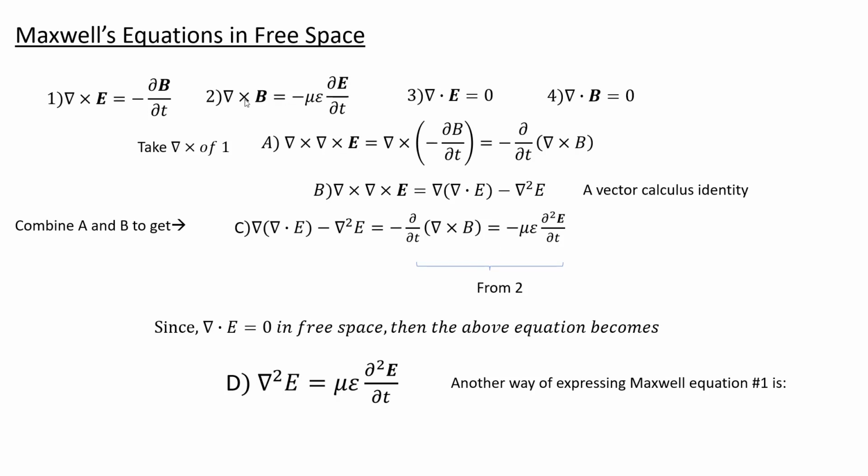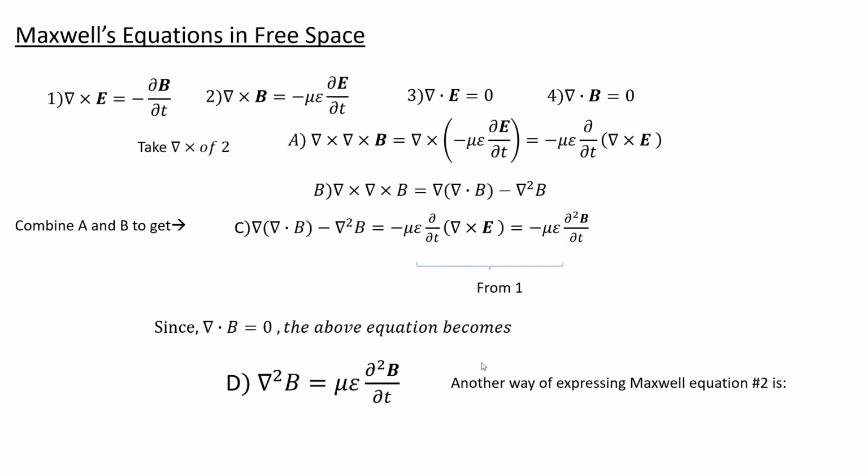So if I take the derivative of the left-hand side with respect to t, then I've got to do the same over here. So this becomes this. And since I'm working in free space, the divergence of E in free space is equal to 0. So this equation becomes this equation. That is a wave equation.